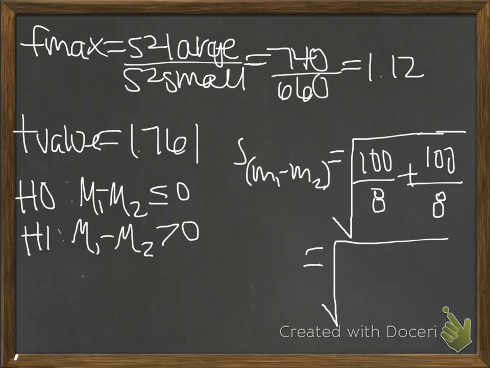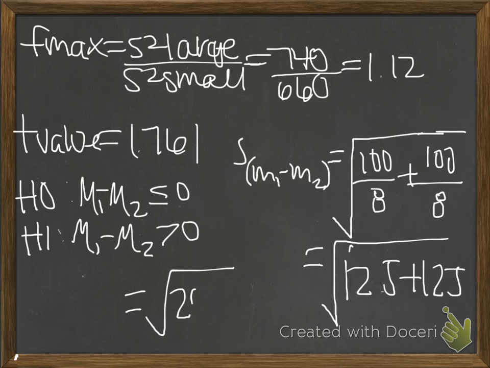We get 12.5 plus 12.5, which equals the square root of 25, which equals 5. So now we've determined our estimated standard error, which is 5.